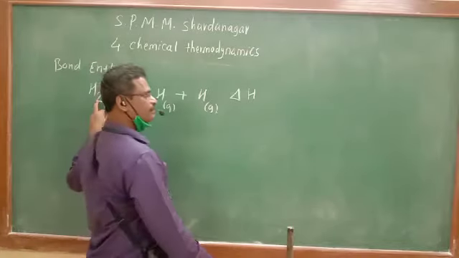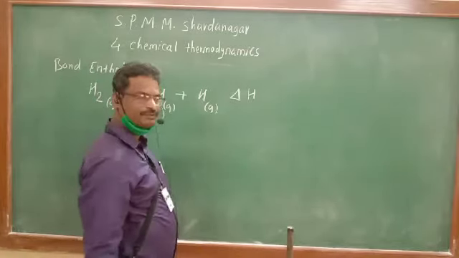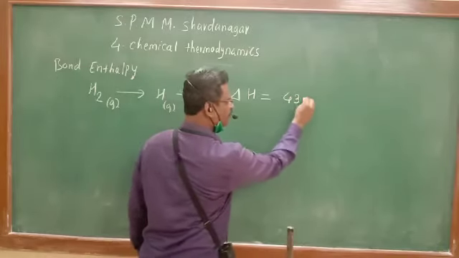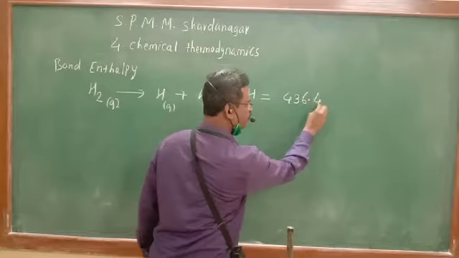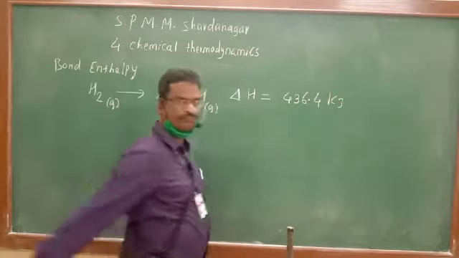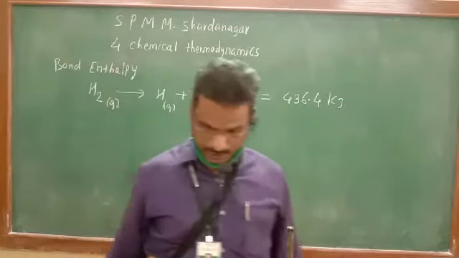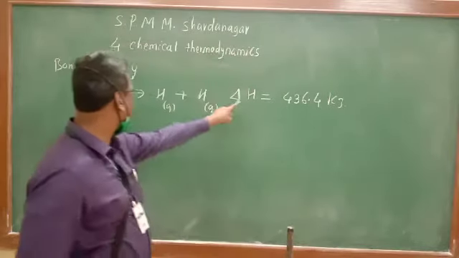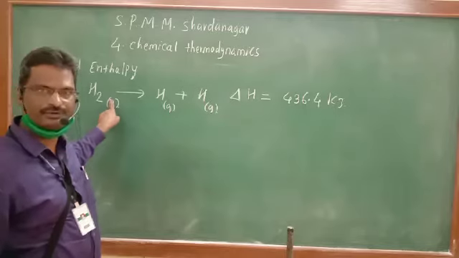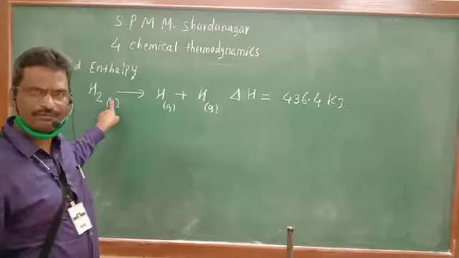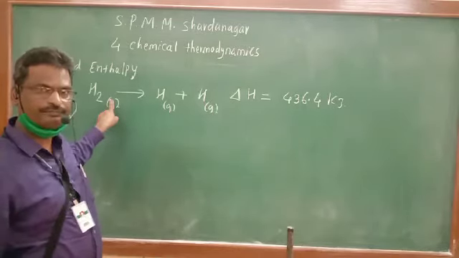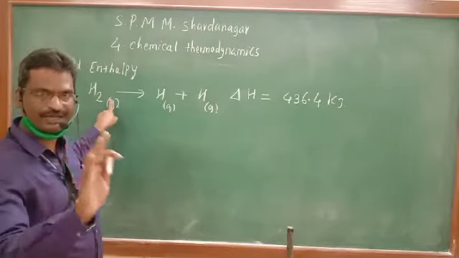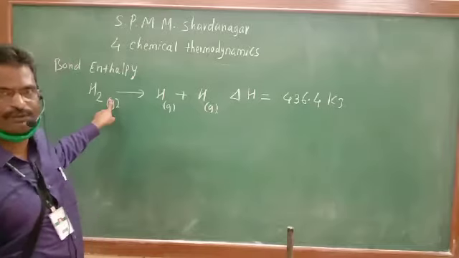Delta H, the heat absorbed to break this bond, will be equal to 436.4 kilojoule. It is a diatomic molecule, so it is also known as bond energy. Bond enthalpy is also known as bond energy in the diatomic molecule.